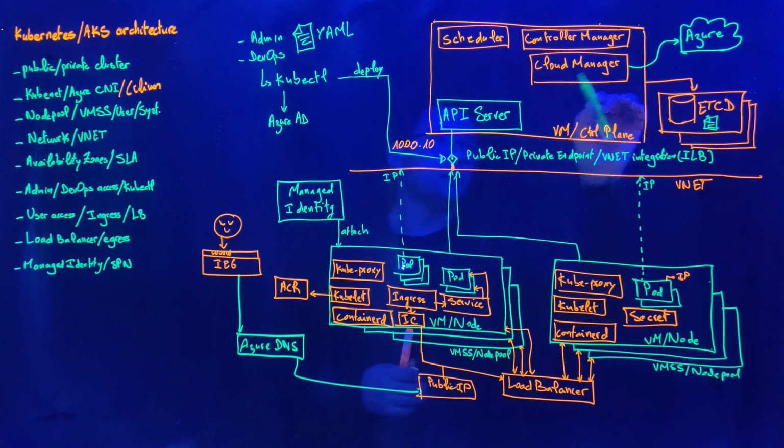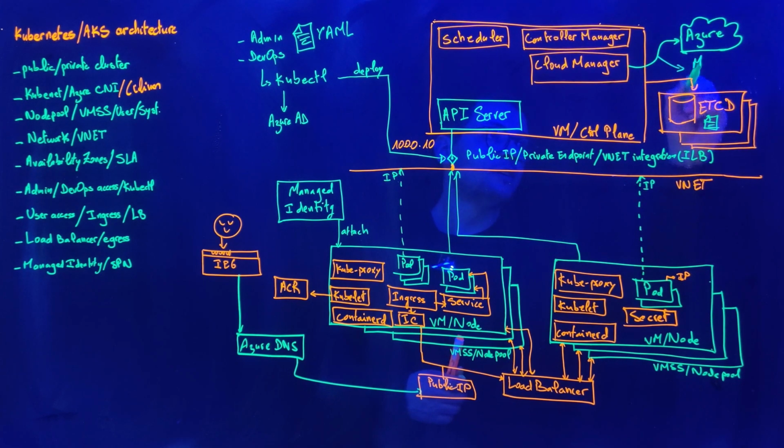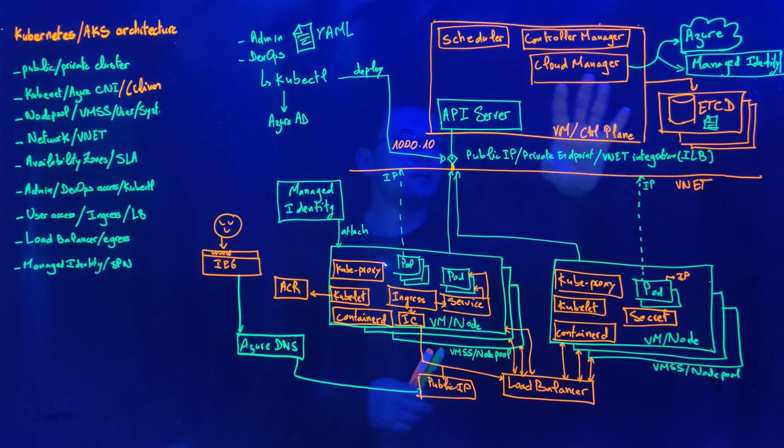So remember, this cloud manager needs to connect to the Azure API in order to provision some resources. And for that reason, it should use a managed identity right here. So we should give that managed identity the right RBAC roles to be able to create the virtual network, create the load balancer, create those VMSS, create those public IPs, and so on.